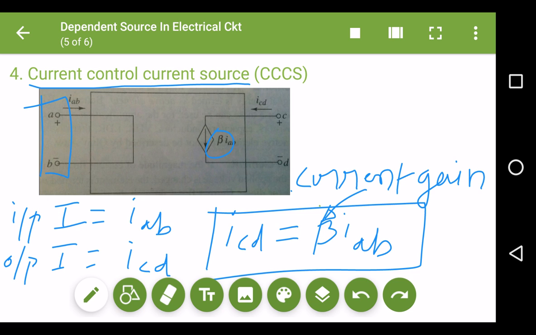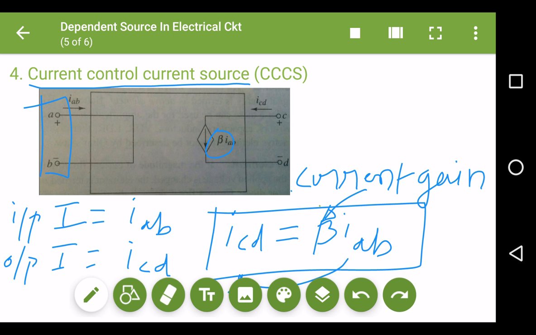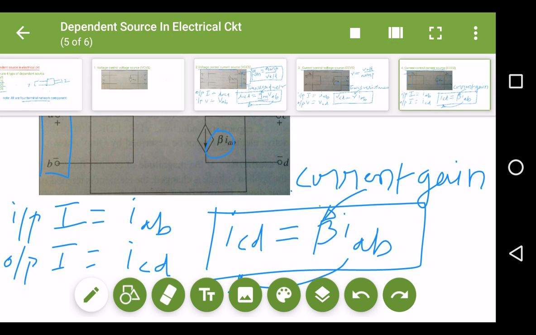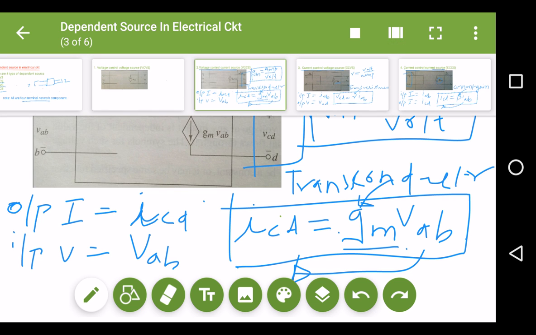If you take the input current IAB to the other side of the equals sign, the amperes get cancelled. That's why beta is a unitless quantity, similar to mu, which is a voltage gain, again a unitless quantity we have seen.